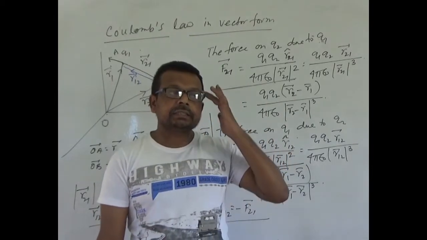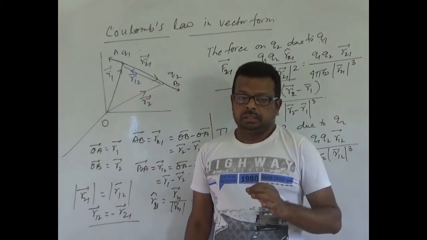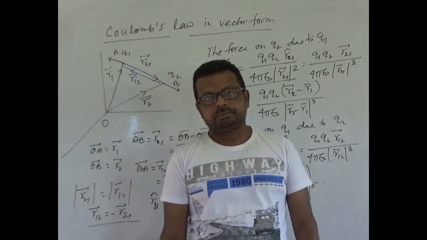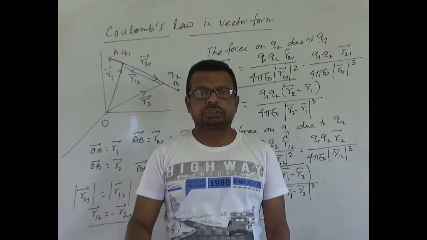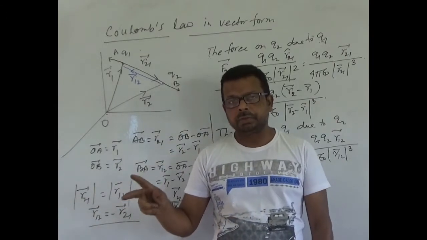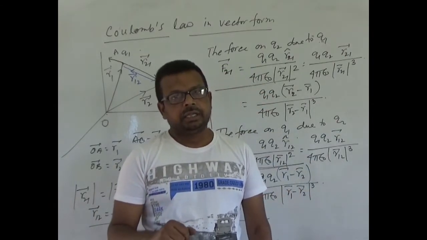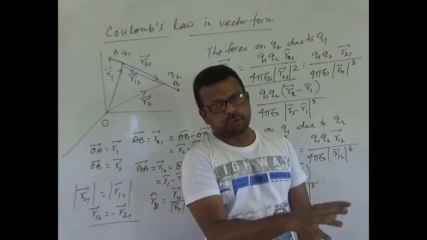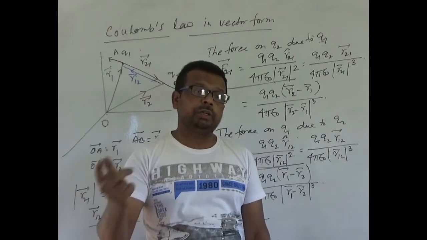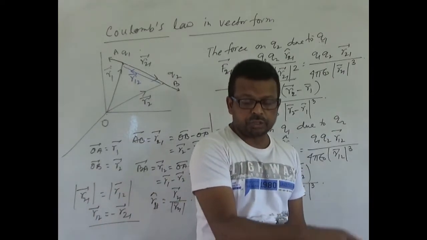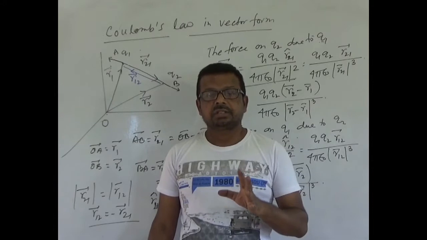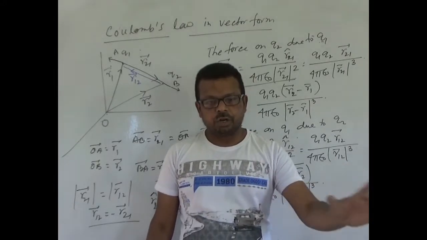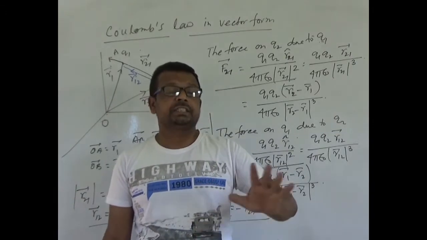Second dissimilarity is electrostatic force is the force between 2 charges, and gravitational force is the force between 2 masses. That means if there is an electrostatic force, then there will also be a gravitational force, because charge without mass is not possible.